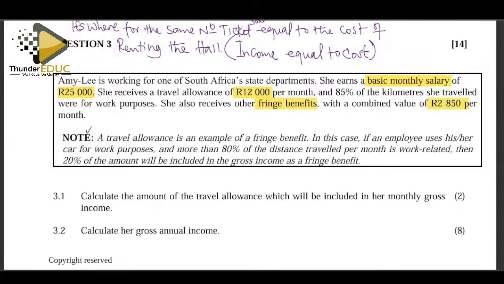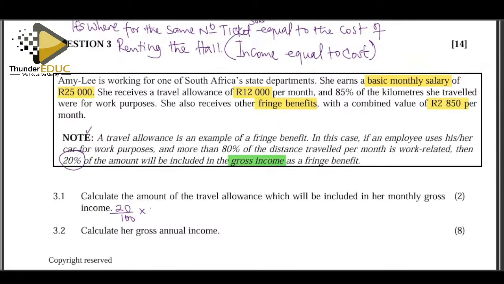So simply meaning, if you're calculating the gross, we shall also add these allowances. In your head, you can ask, let me see, the amount of travel allowance that will be included. So it's 20% times, because it's saying 20% of the amount will be included.